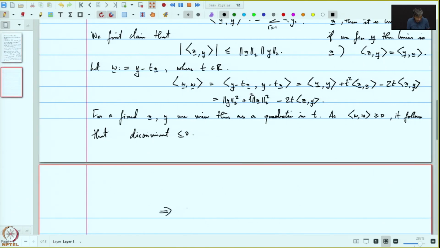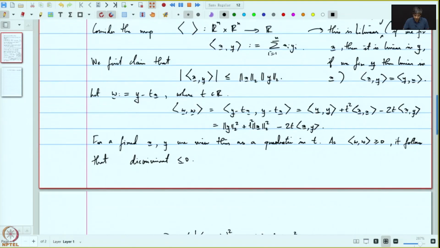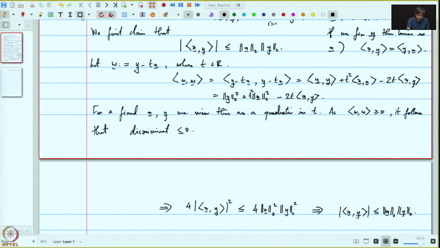So the discriminant is 4 square is less than or equal to 4 into which proves our claim, right? Right, this is the claim which we want to prove.